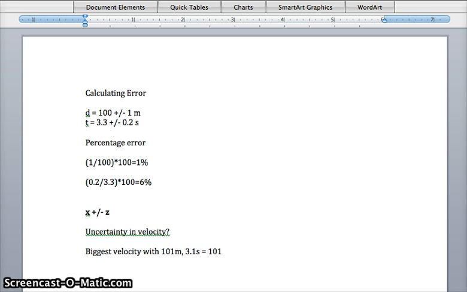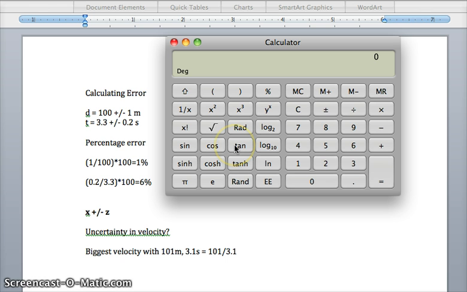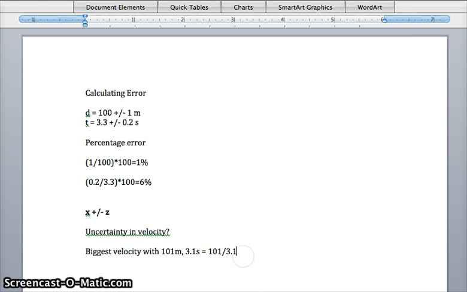So that's going to be equal to 101 divided by 3.1. So 101 divided by 3.1 is 32.58. So we'll call it 32.6 meters per second.